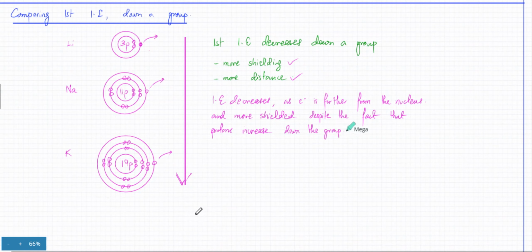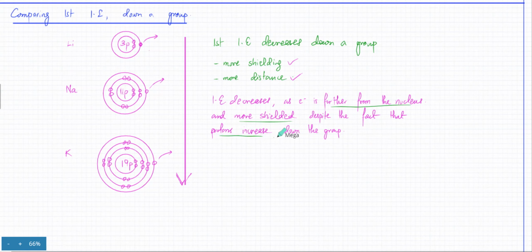So this last factor goes against it. The two factors that favor the decrease in ionization energies are further from the nucleus and more shielded, despite the fact that protons increase.